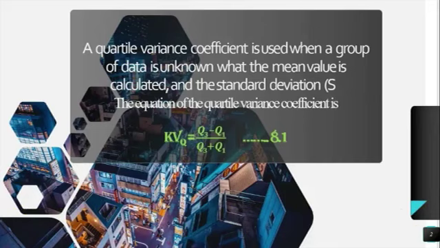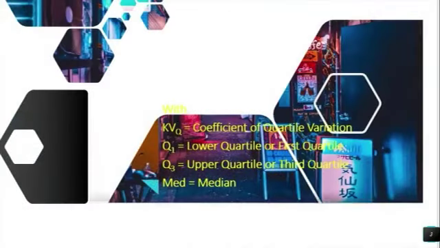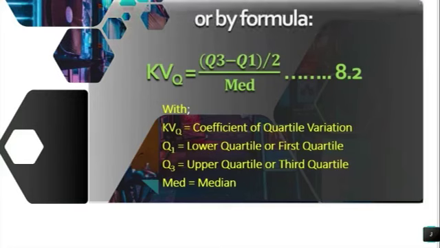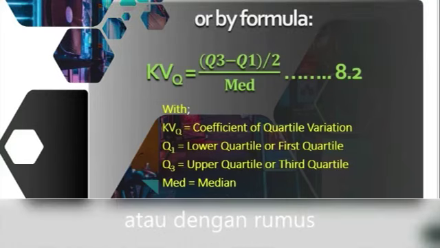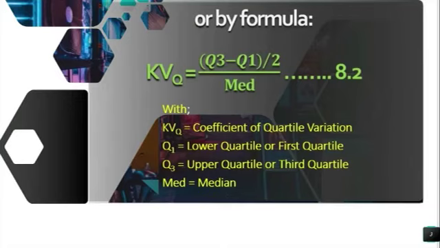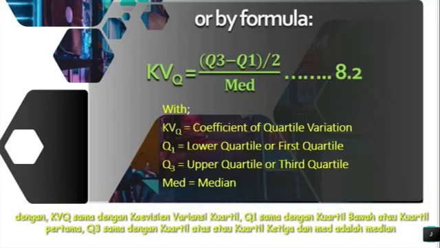This is equation 8.1. Or by the formula, KVQ equals (Q3 minus Q1) divided by 2, and then divided by med. This is equation 8.2, with KVQ equals coefficient of quartile variation, Q1 is lower quartile or first quartile, Q3 is upper quartile or third quartile, med is median.